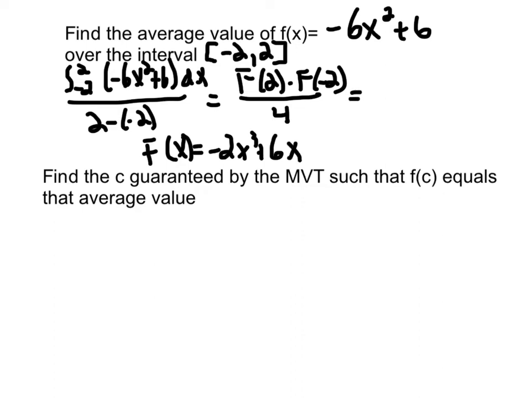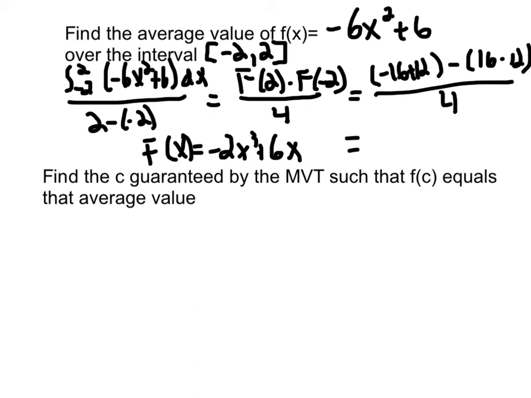Plugging that in, -16 plus 12 minus (16 minus 12), over 4, which gives me -32 plus 24 over 4, or -2.